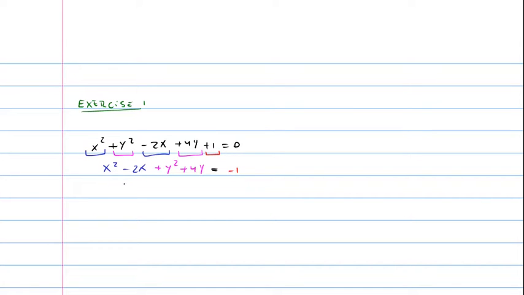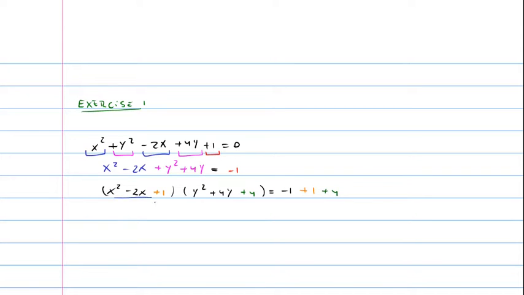Now we're going to write this as x squared minus 2x, and in here we're going to add plus 1. And now this expression is y squared plus 4y, and we're going to be adding plus 4. And this, so that the equation still sustains, will be equal to minus 1 plus 1 and plus 4.